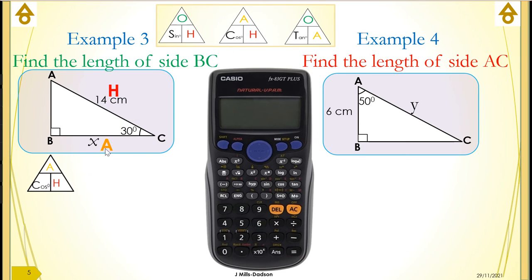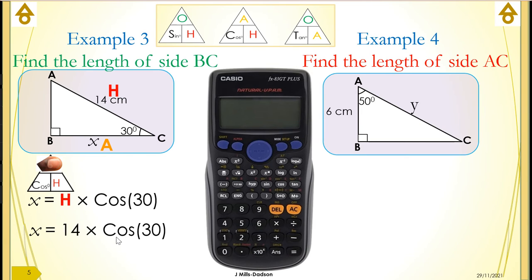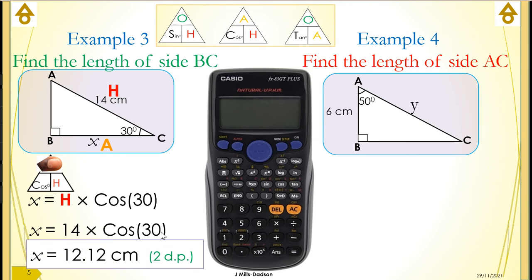We are looking for adjacent, so we need to cover A. That tells us we're supposed to multiply the cosine of 30 times the hypotenuse. So x is equal to hypotenuse times the cosine of 30. Hypotenuse is 14, so x is 14 times cos of 30, and our answer is 12.12 centimeters to 2 decimal places.